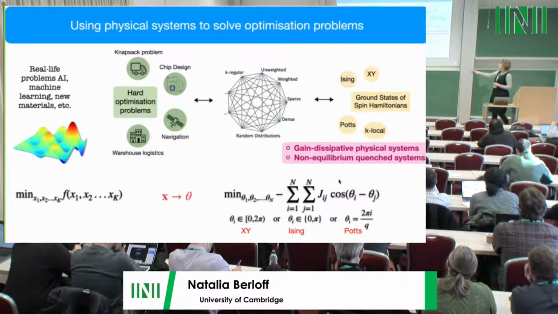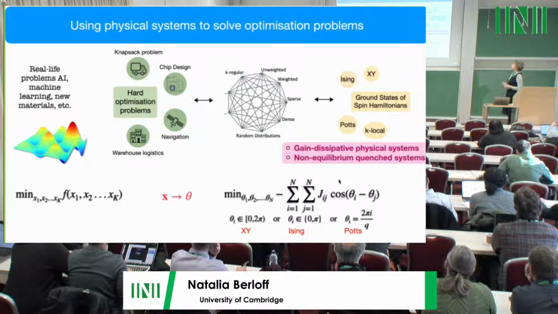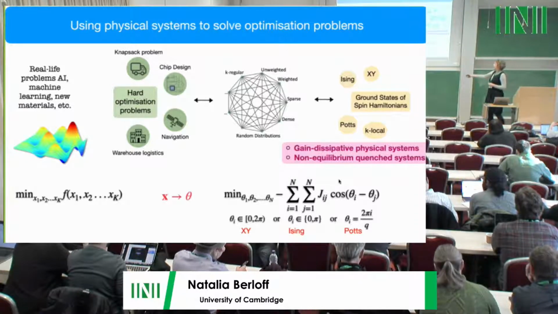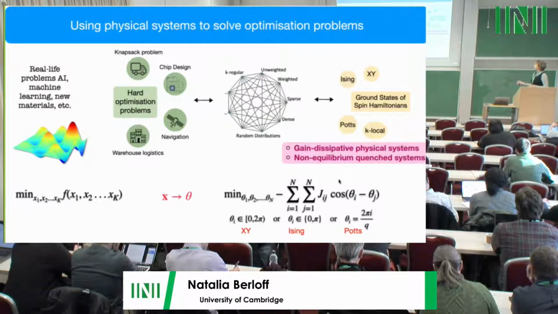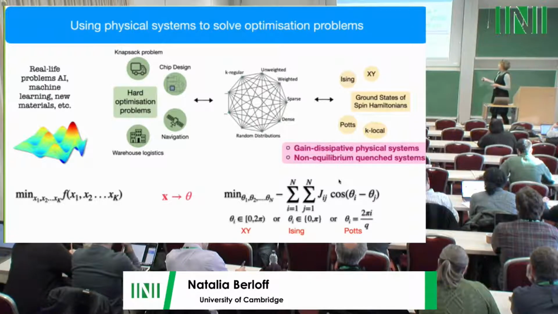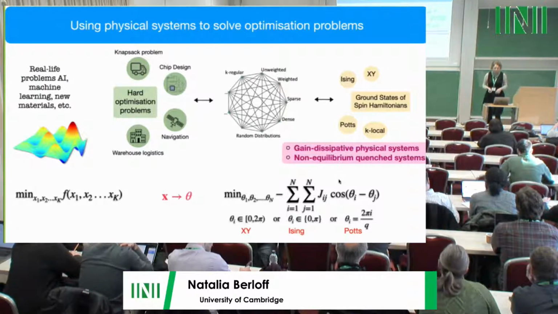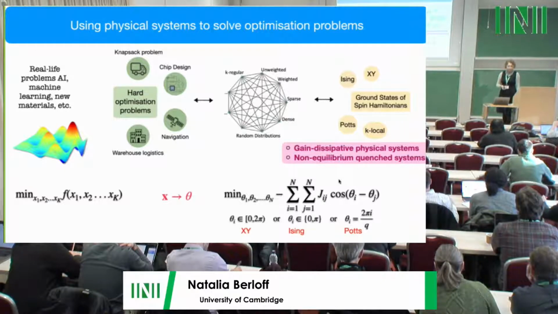Then you can have the cosine of the difference of the phases. In this case, you'll have an XY minimization, or these thetas can be discrete, 0 and pi. Then this is the classical Ising Hamiltonian, or you can have more than two states, and then you have a Potts or clock Hamiltonian to minimize.